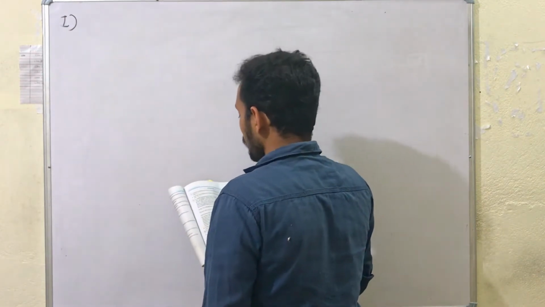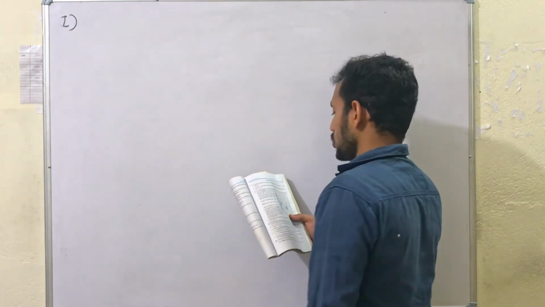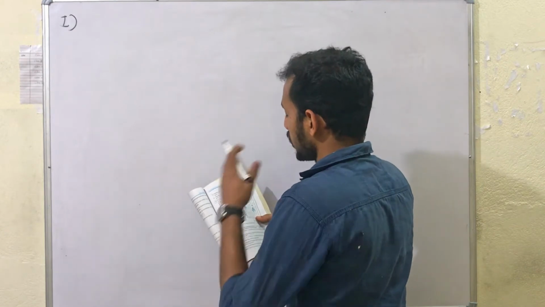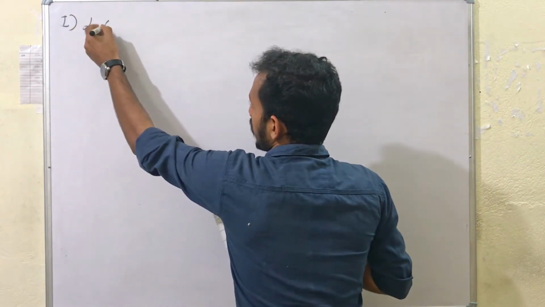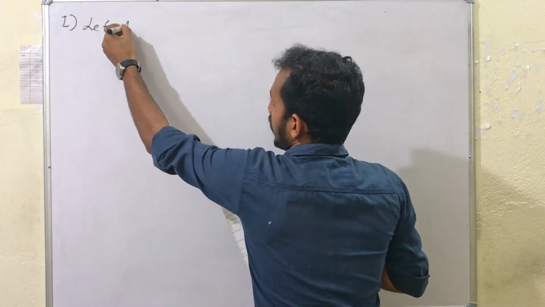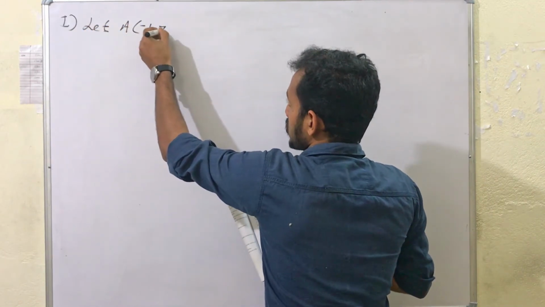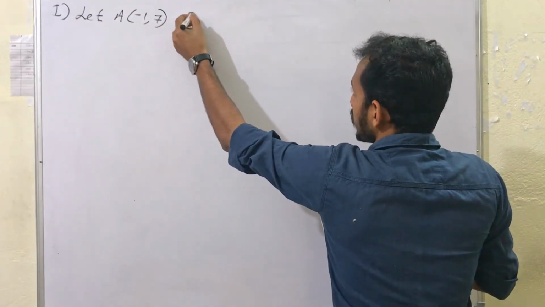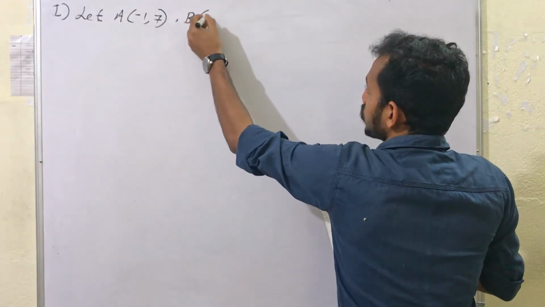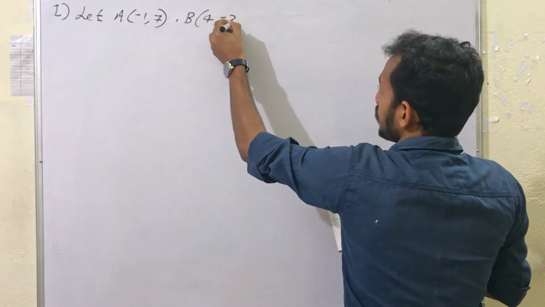Find the coordinates of the point which divides the join of minus 1 comma 7. So let that be A. Let A be minus 1 comma 7 and B be 4 comma minus 3.